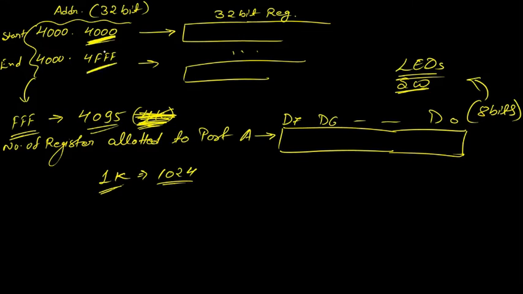How many numbers are there between these two? Yes, 4095 numbers. These are 4095 different addresses, and 4095 different addresses means each address has a 32-bit register. Understood?